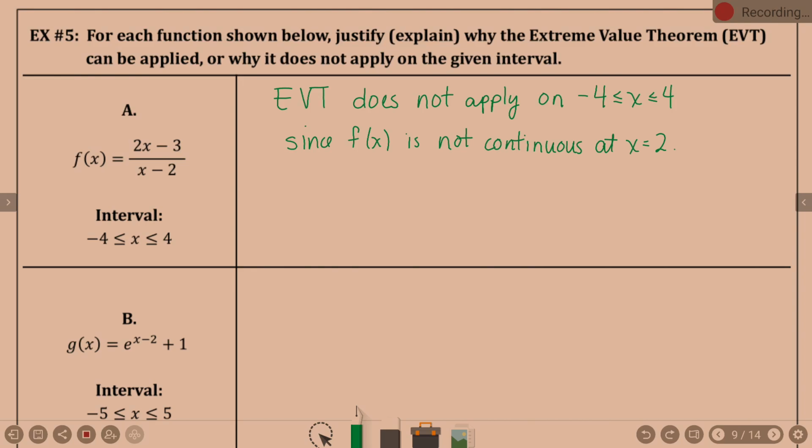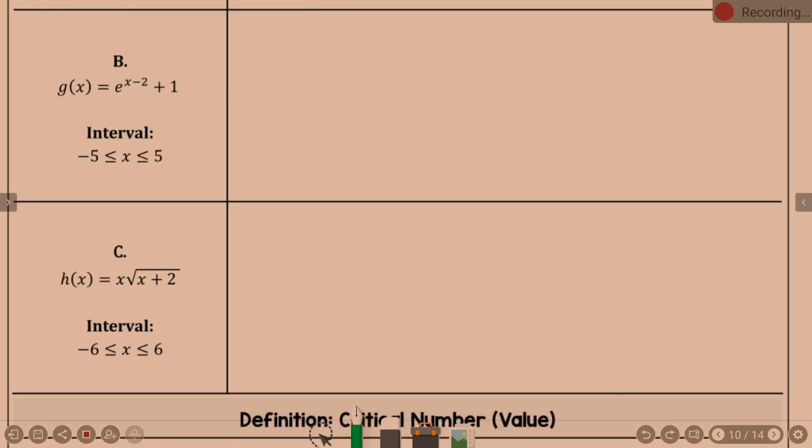You guys ready to talk about B? G of x equals e to the x minus 2 plus 1, and the interval is -5 to 5. Thoughts on whether or not EVT does apply?